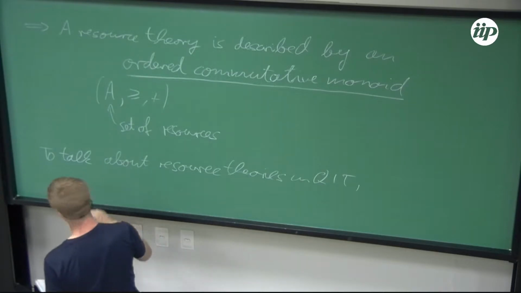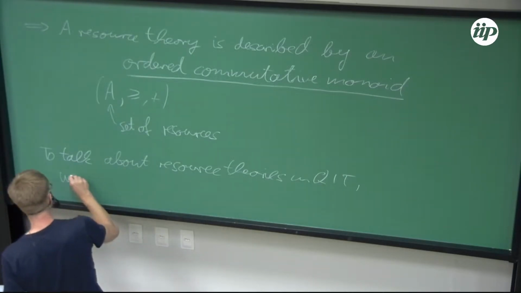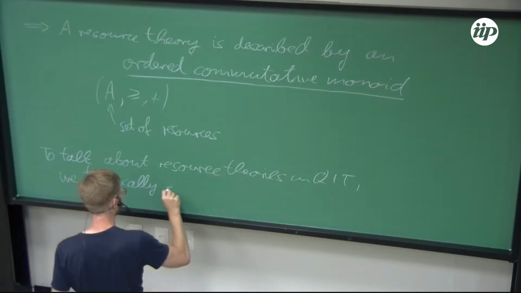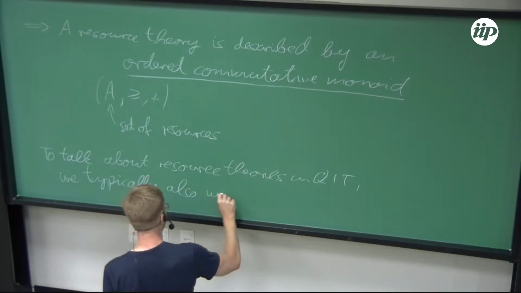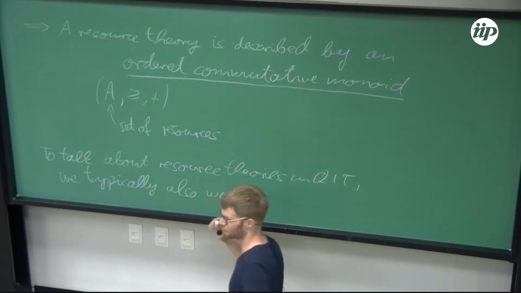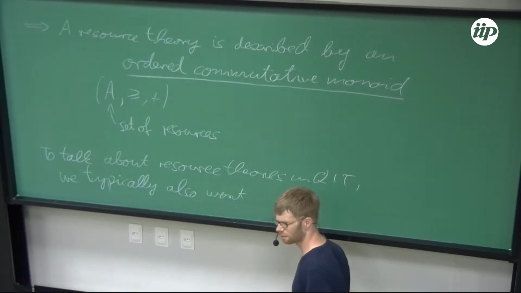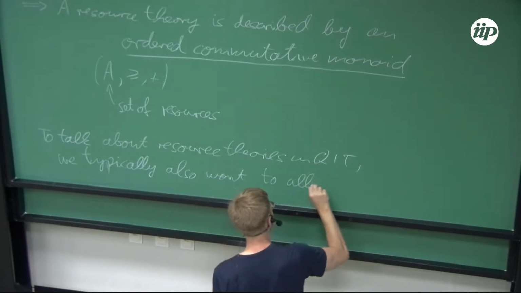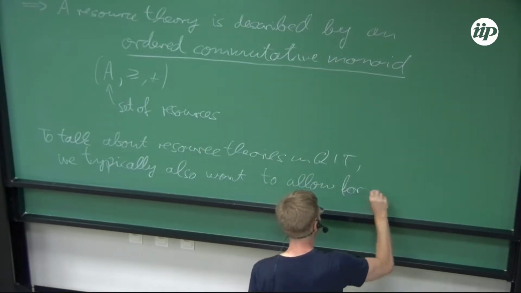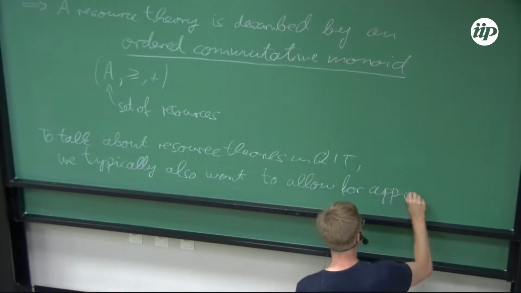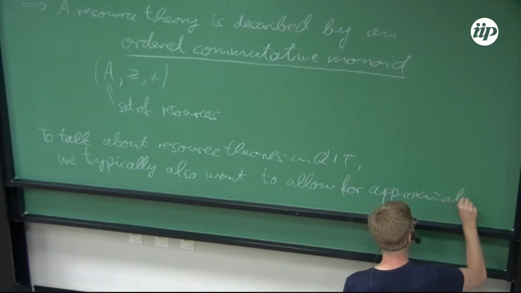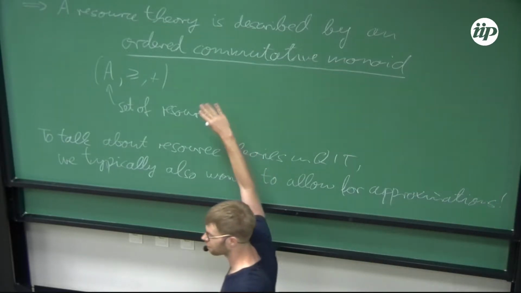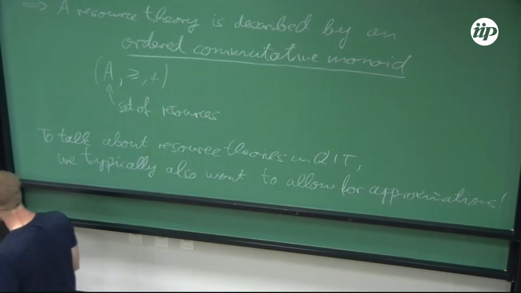We typically also want to allow for approximations, or as Miriam called it on Wednesday, error tolerance, fault tolerance. And the thing with this is that I do have some general results about ordered commutative monoids, which I think are useful tools.